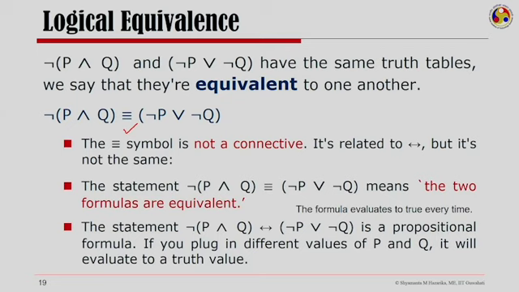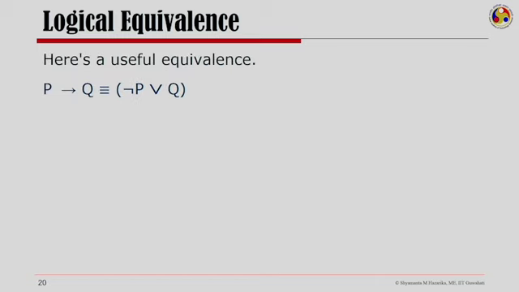Interestingly, the formula evaluates to true every time. One more useful equivalence is the following: P implies Q, or if P then Q, is equivalent to not P or Q.